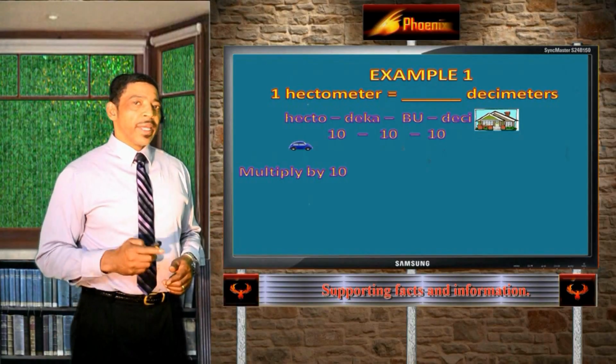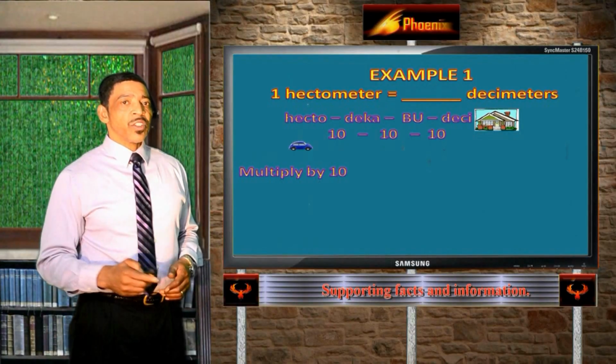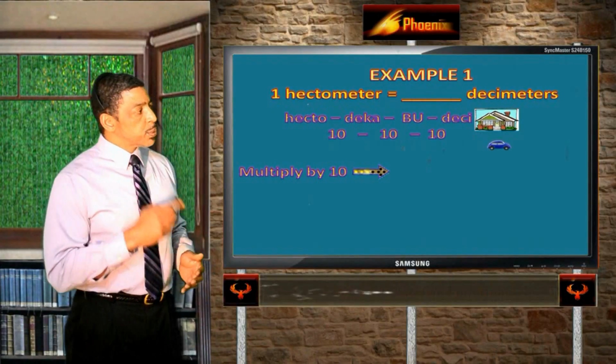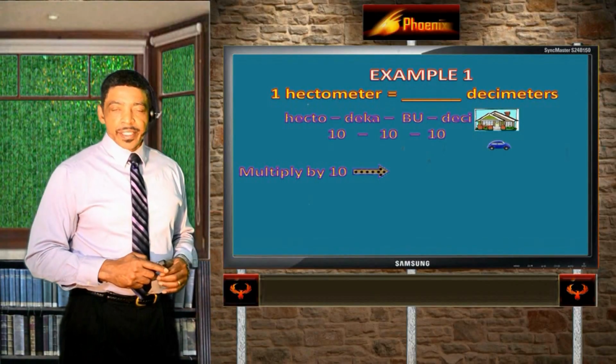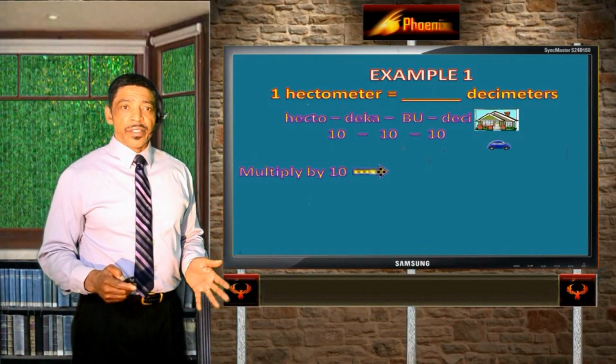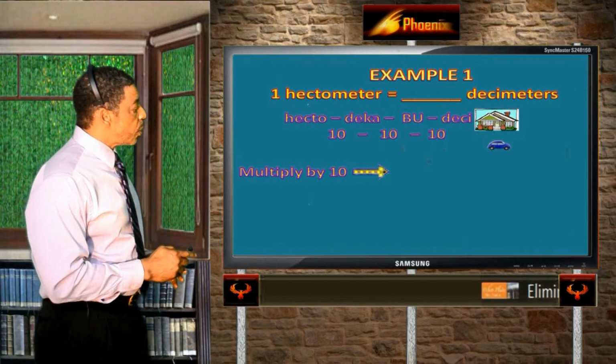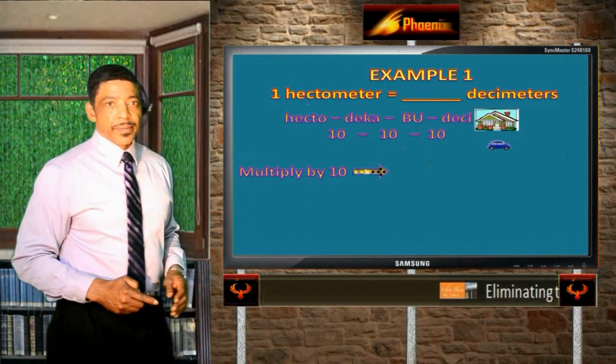In order to go from hecto to deci, we must pass deca and the base unit. Remember, each prefix is separated by 10, so in this particular case, we must multiply by 10 3 times, since we're going from left to right.